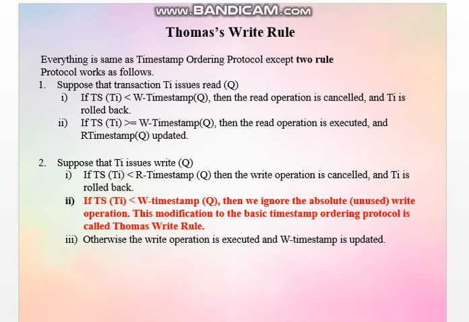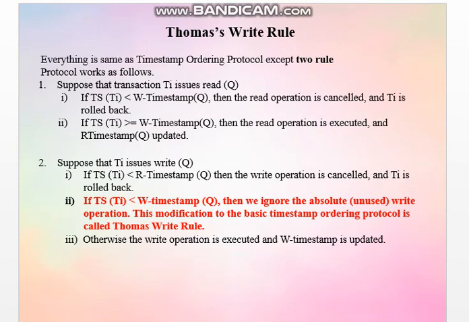Here, for reading, if any transaction T1 wants to read the data item Q, and the transaction has a lesser timestamp than the write timestamp, then the reading will be cancelled and the transaction T1 has to roll back.